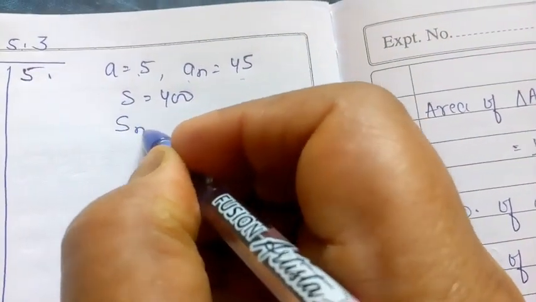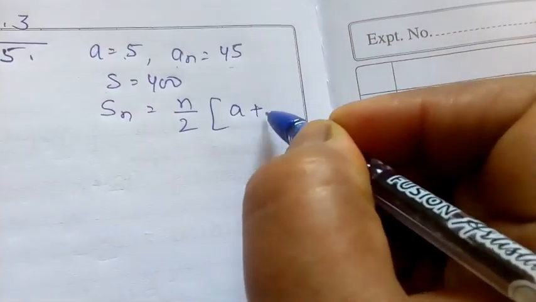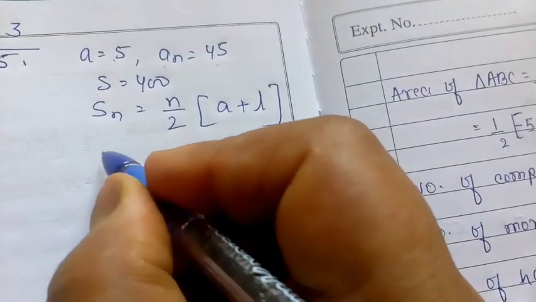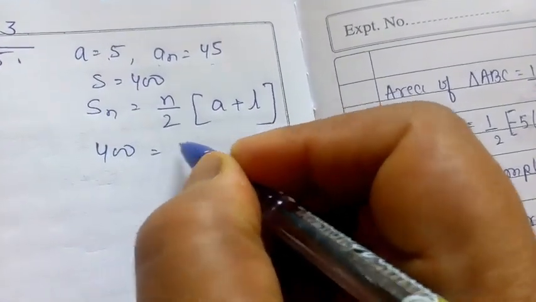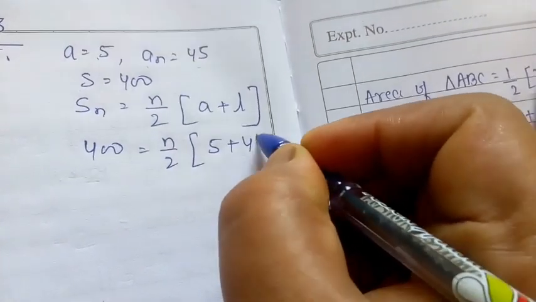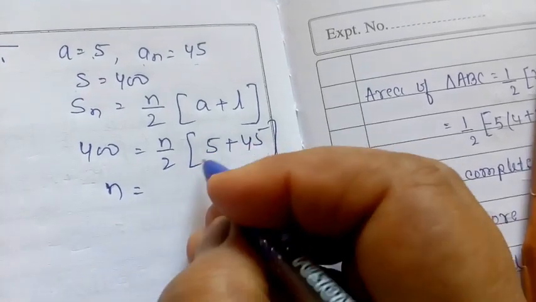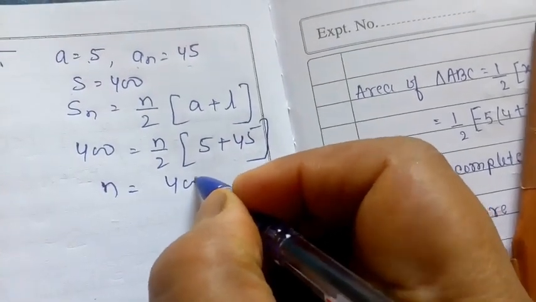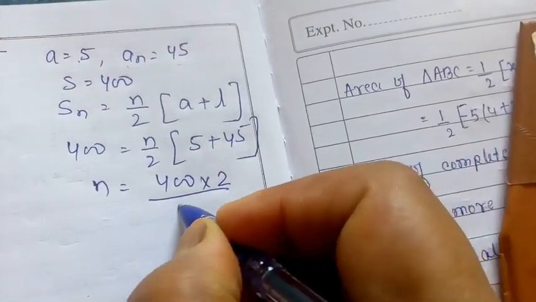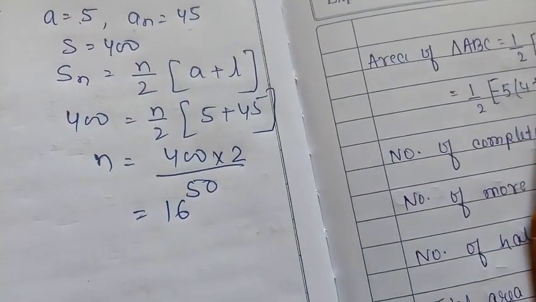So by using the sum formula, Sn equal to n by 2 into (a plus l), l means last term. 400 equal to n by 2 into (5 plus 45), 50, n equal to 400 into 2 divided by 50 equal to 16.